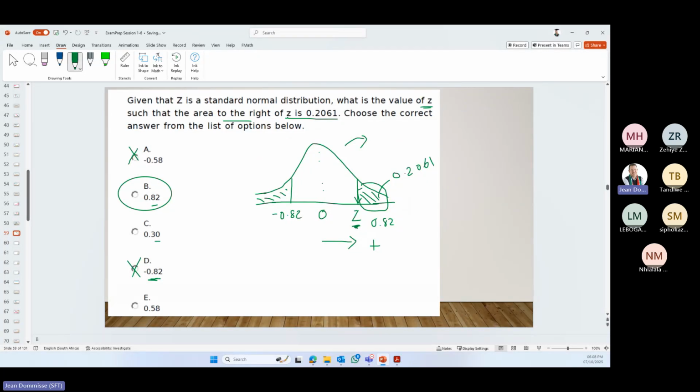One of the questions might be the area to the left, so that some of you guys need to say positive, some of you guys need to say negative. But that's why, again, for me, draw it out, then you can see positive, it needs to be to the right side. And then you know if you can eliminate some of the options.